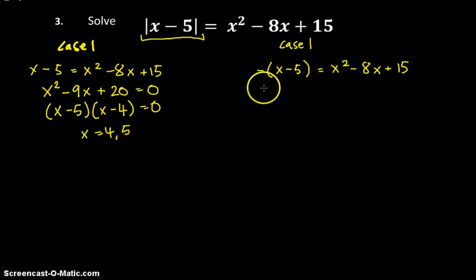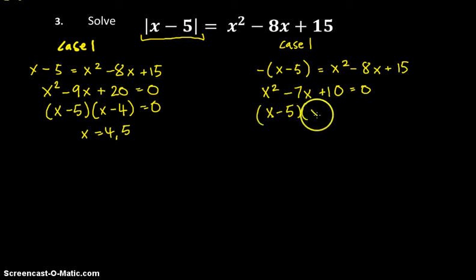On the other side, that becomes a negative x and a plus 5. After I bring everything over, I end up with x squared minus 7x plus 10 equals 0. Thankfully, another situation where I get really nice factors. You are welcome. x minus 5 and x minus 2, and therefore my solutions here are x equals 5 and 2.